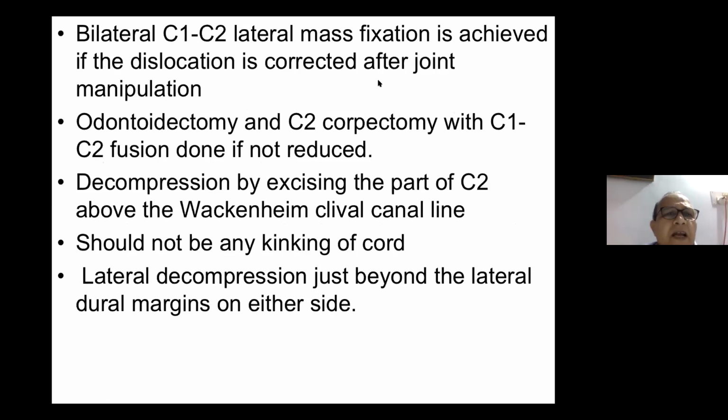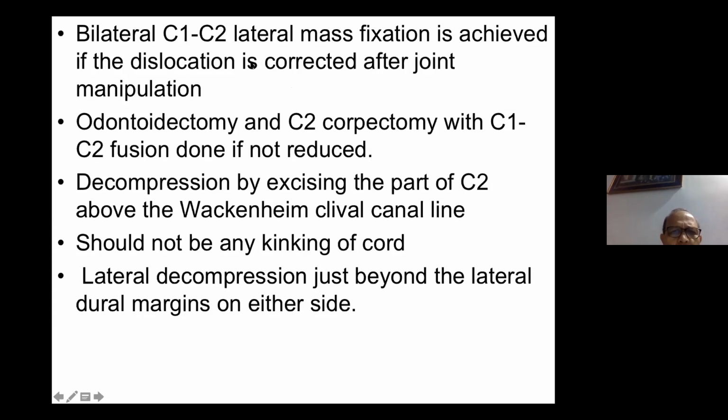Properly, bilateral C1, C2 lateral mass fixation can be achieved when you remove the disc material and then manipulate these joints using an osteotome or a curved curette, and using manipulation of the lateral mass, especially pushing the C1 lateral mass posteriorly, will cause reduction.